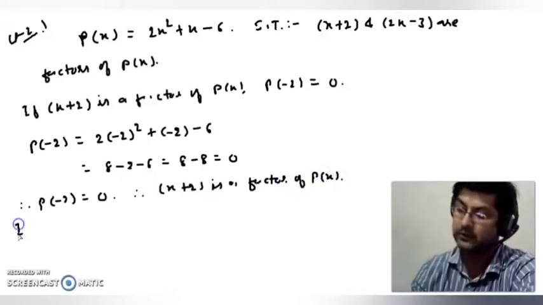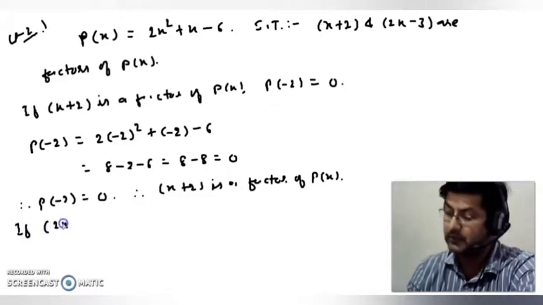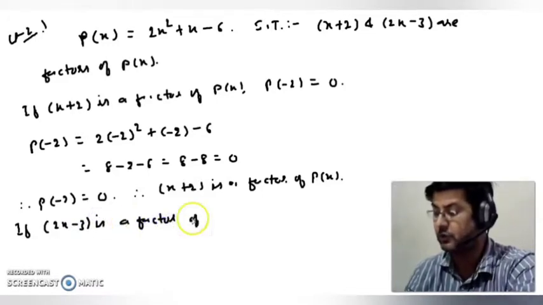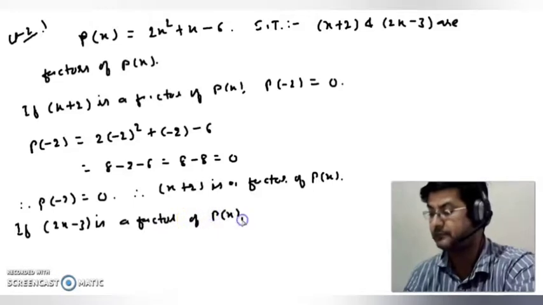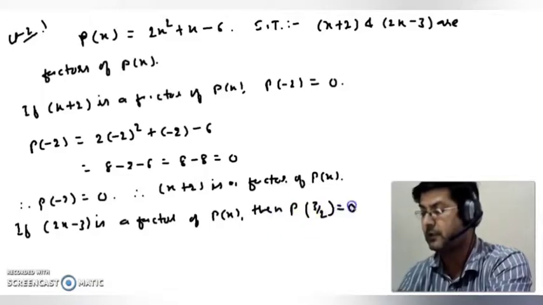Okay, now if 2x minus 3 is a factor of P of x, then P of 3 by 2 must be equal to 0.